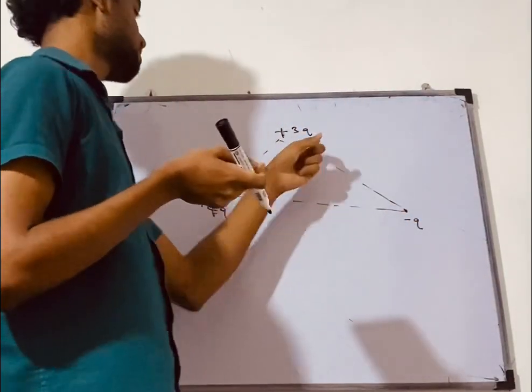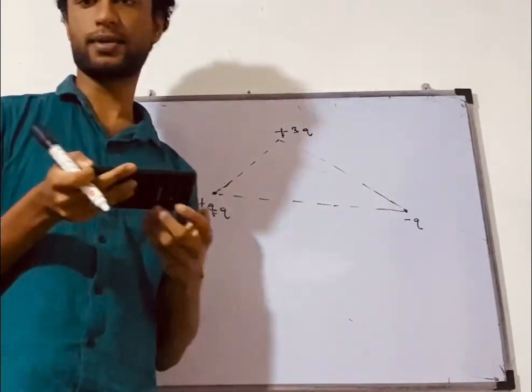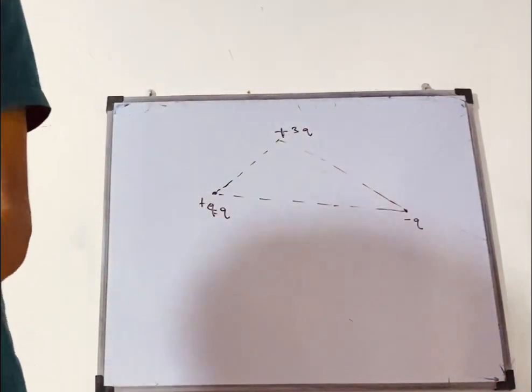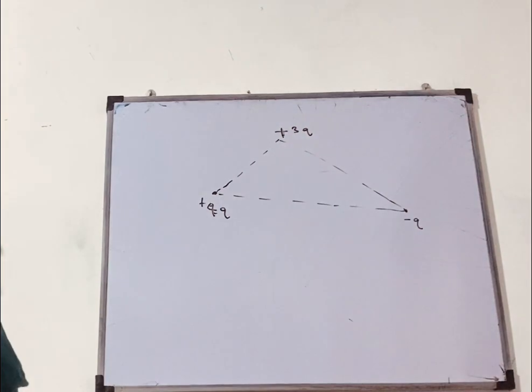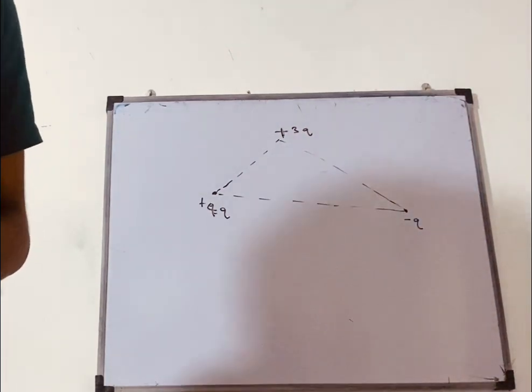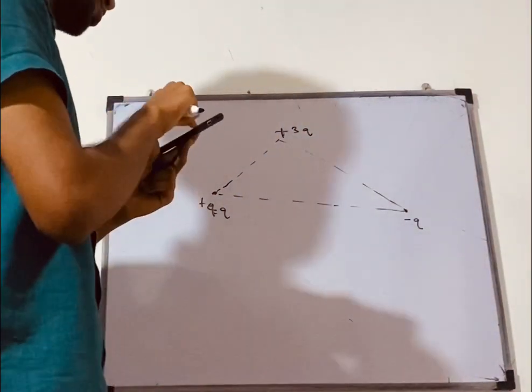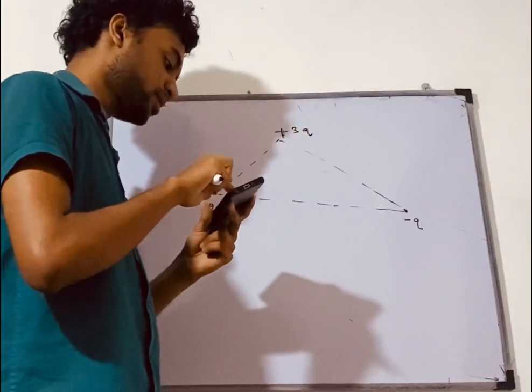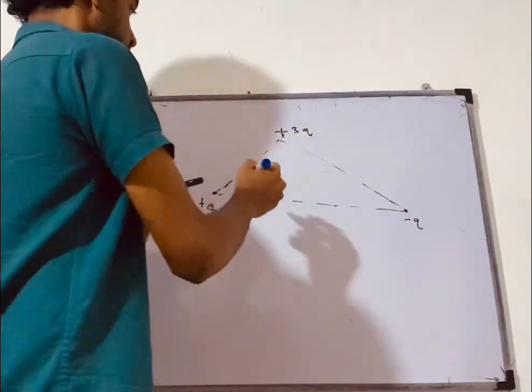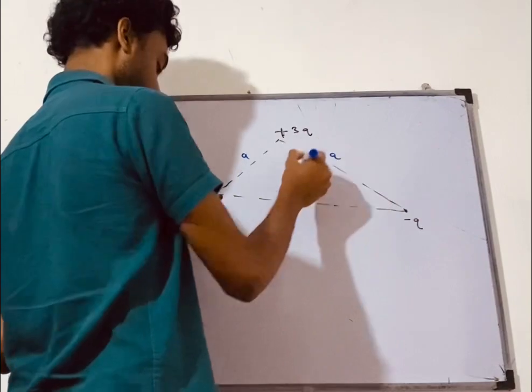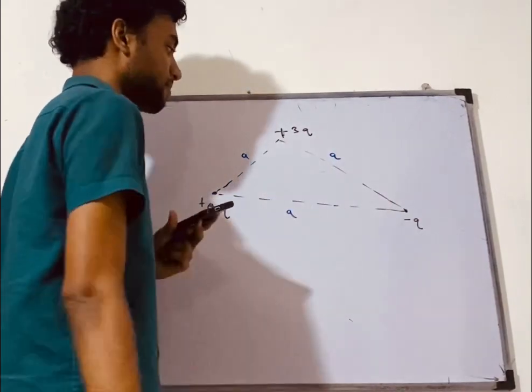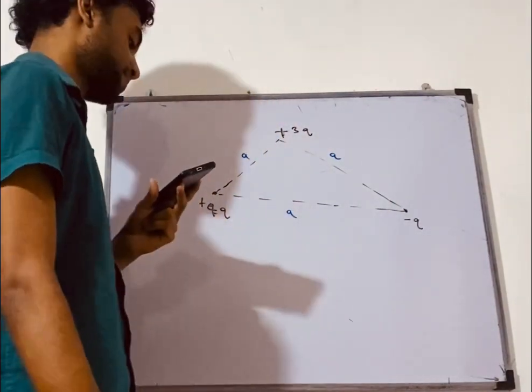So plus 3Q here, plus 4Q here, and minus Q here, right? Think about this. What's the electrical potential energy of the system? And they have given this as A, this as A, and this as A as well. So it's an equilateral triangle.